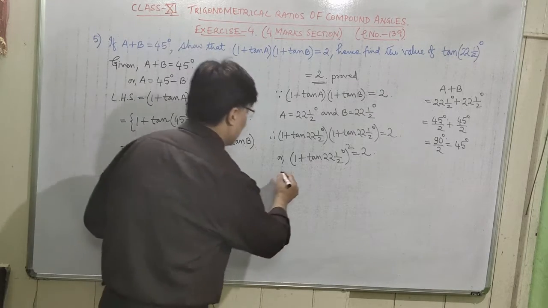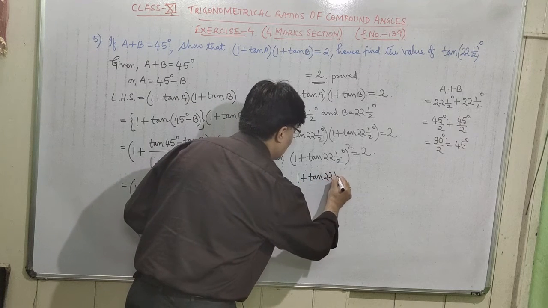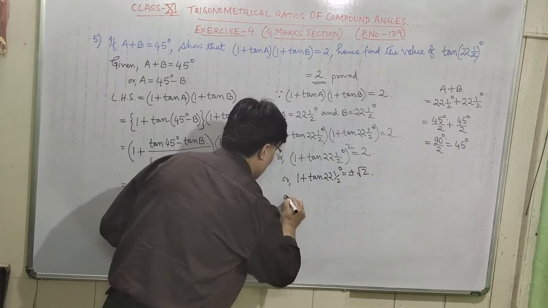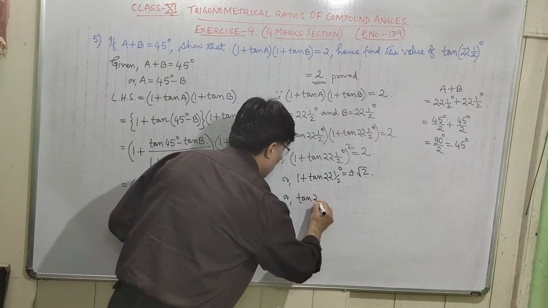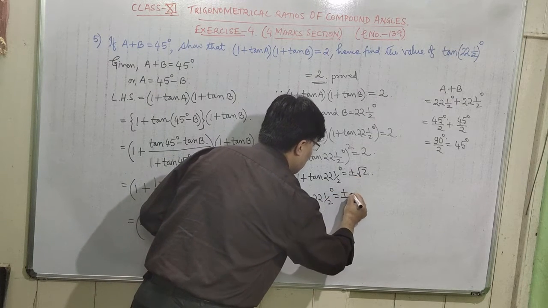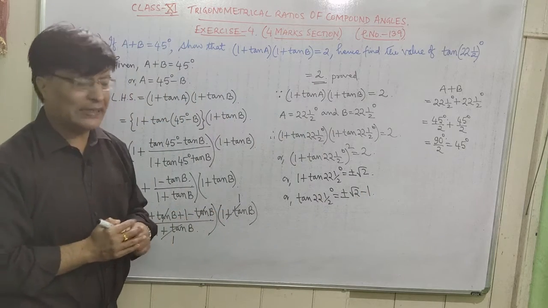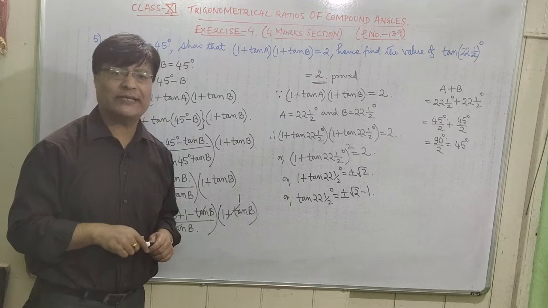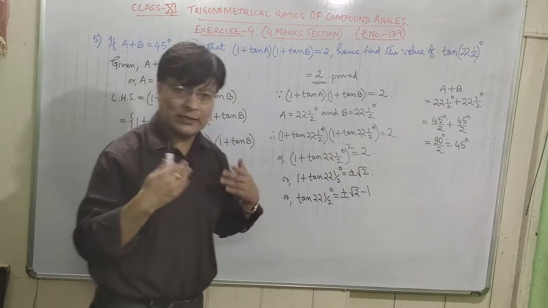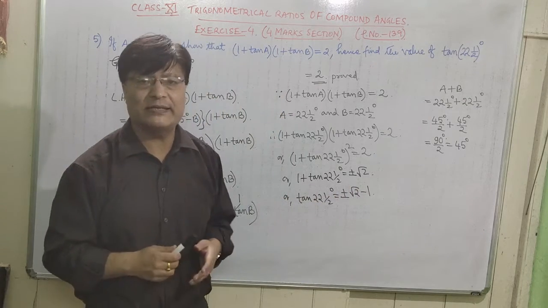Let us find out the value: 1 plus tan 22.5 degree is equal to plus minus root 2, so tan 22.5 degree is equal to plus minus root 2 minus 1. But in this case we have got two values of tan 22.5 degree. One is plus root 2 minus 1, that is your positive value, and the other one is minus root 2 minus 1, that is your negative value.